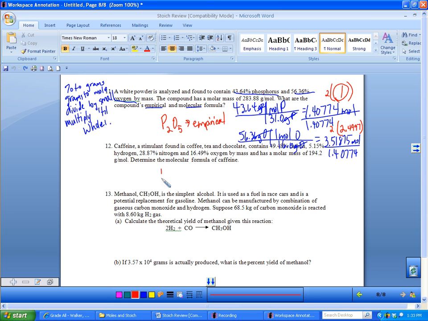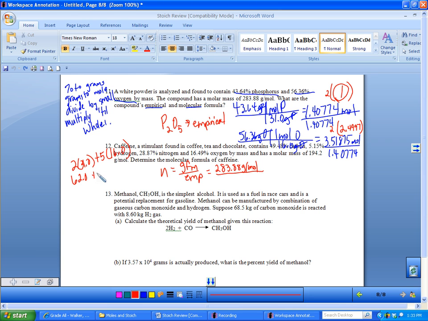Now I want to get the molecular. There's a multiplier, and you take the gram formula mass and divide it by the empirical formula mass. They gave me the gram formula mass to be 283.88 grams per mole. Now I need to figure out the empirical, so that's 2 times 31 plus 5 times 16.